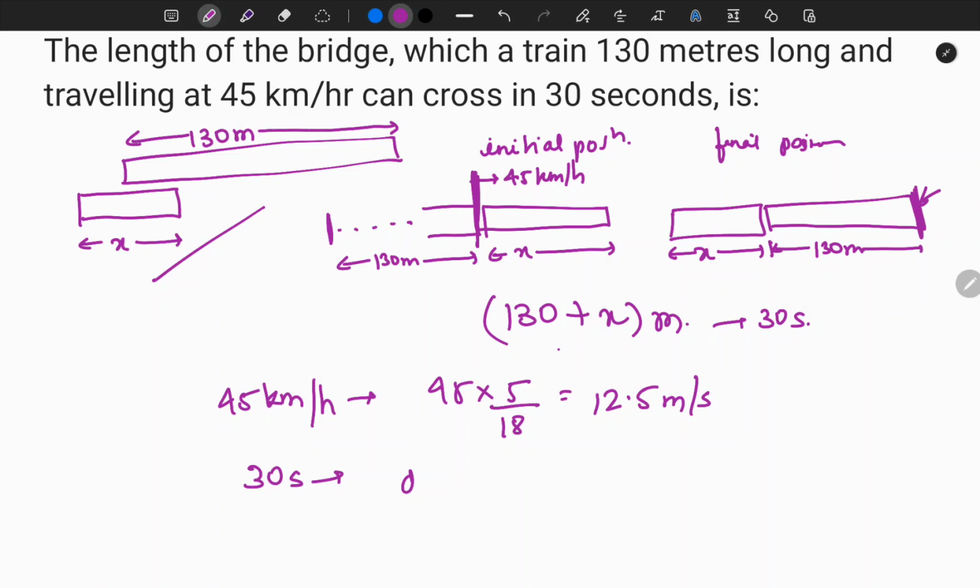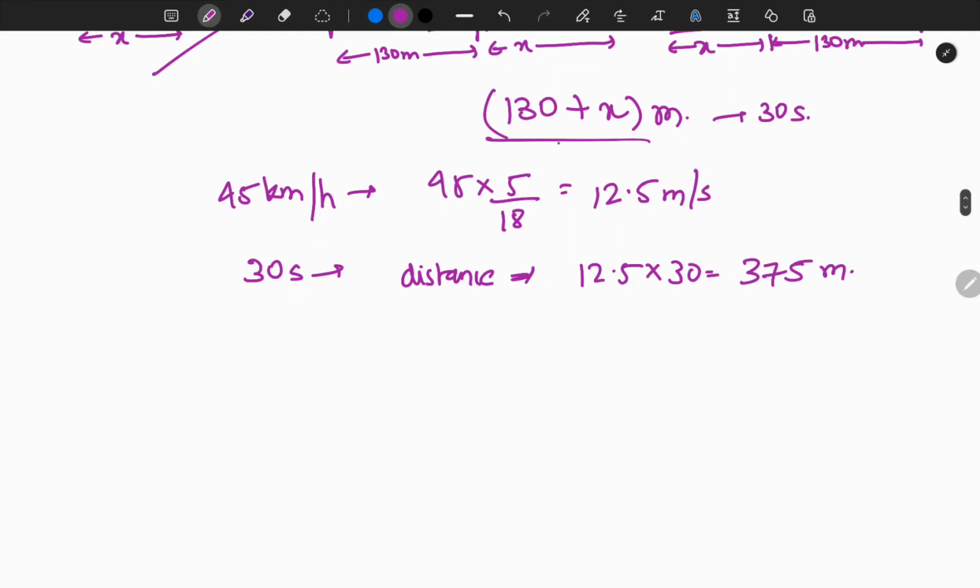So the distance which the train would cover in 30 seconds would be 12.5 into 30, and that is equal to 375 meters. As we calculated before, your distance is also 130 plus x, where x is the length of the bridge and 130 meters is the length of the train. And this is equal to 375 meters.